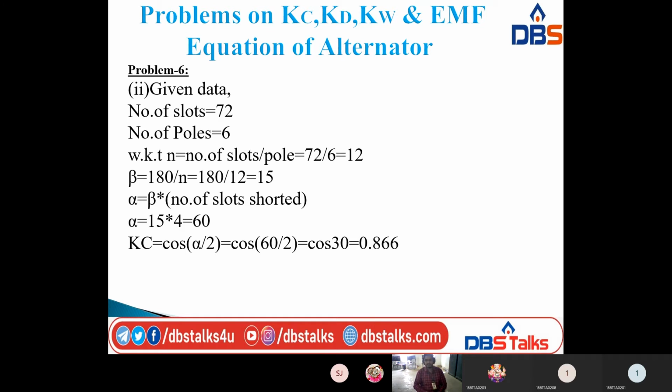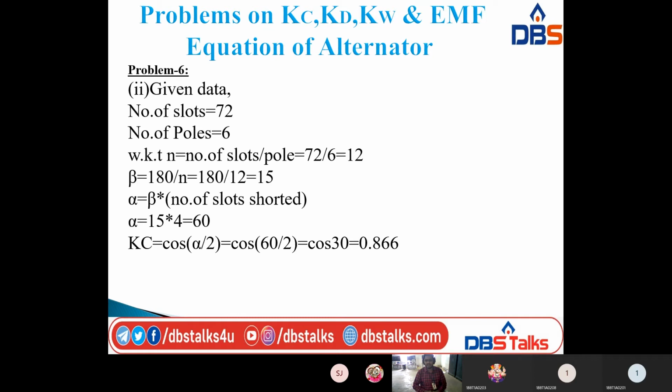We have the value 4. Substitute that 4 value into the formula, alpha is equal to beta into number of slots shorted. Here alpha is equal to beta value 15 into 4, that is equal to 60 degrees, and calculate the pitch factor value, that is cos alpha by 2.